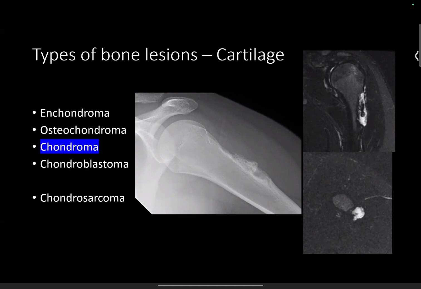What's the differential for chondroma? So for enchondroma or periosteochondroma, the differential for cartilage lesions, someone had mentioned earlier chondromyxoid fibroma, which is a very rare lesion. That's another cartilage lesion that could be a differential for enchondroma. It really depends.